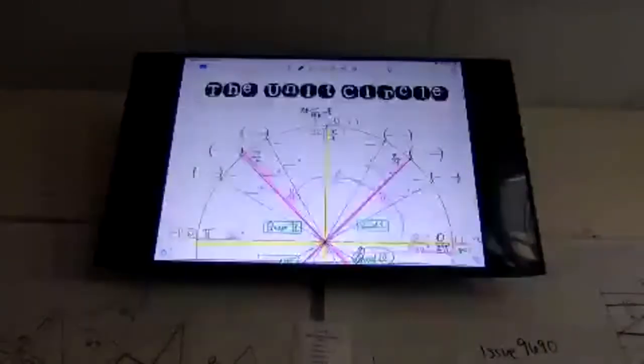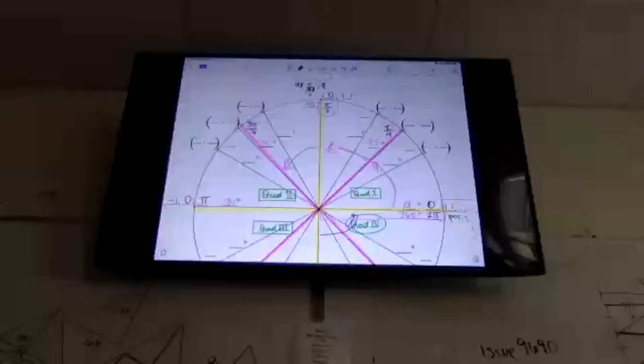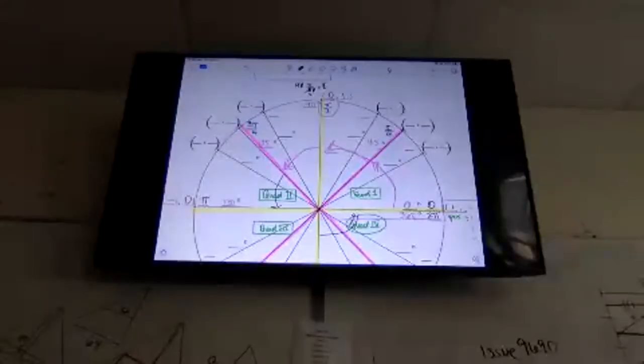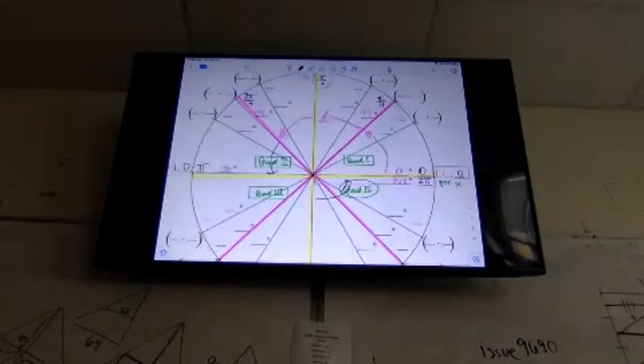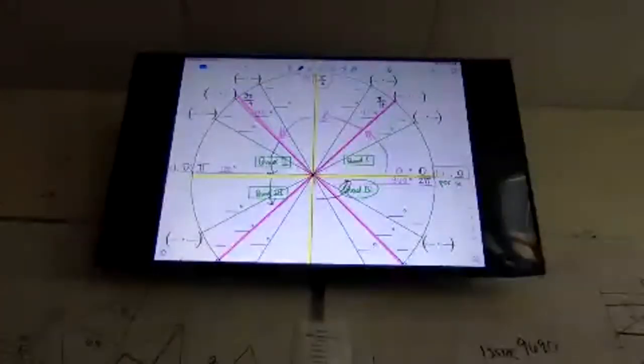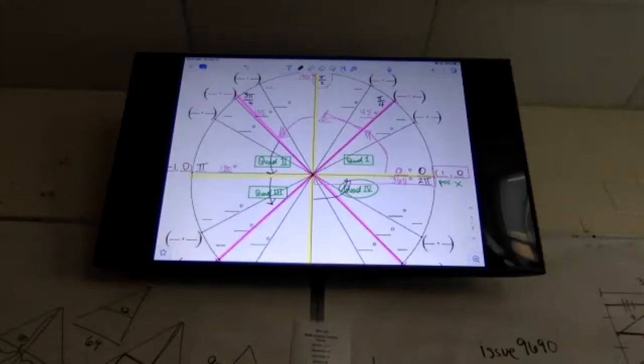So again, all of these are in fourths. If I go another pi over 4, another 45 degrees, I'm at 180. I've made it to 1 whole pi. Again, I don't need to talk about that. We already have it labeled. Let's go another 45 degrees. I actually think radians is easier here. What will my radians be? 5 pi over 4.